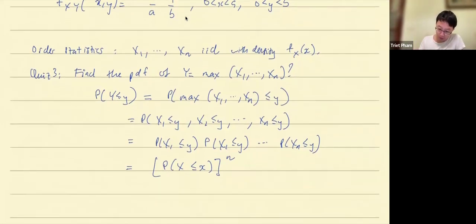Oh, you know what? Sorry. This is y, not x. Y is this value. And x is sort of the model for the individual marginal. Now to find the PDF, then what do we do?